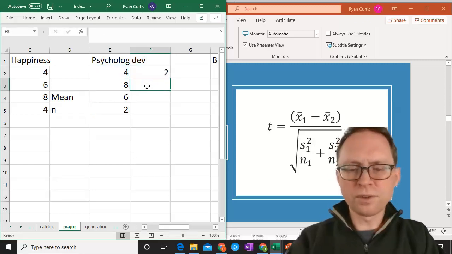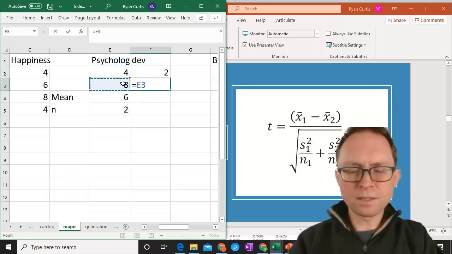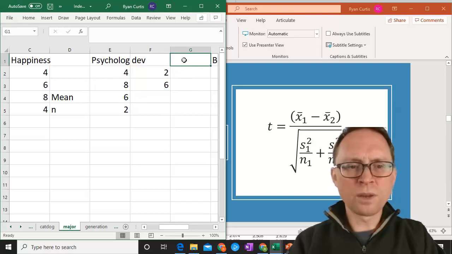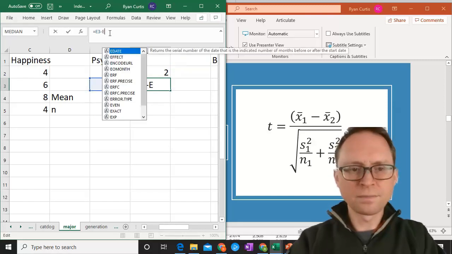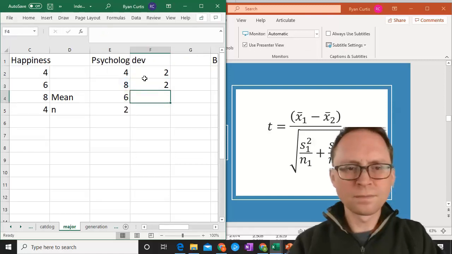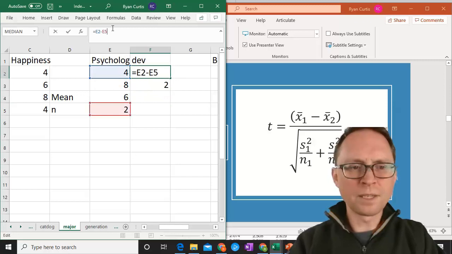And this deviation is going to be x minus x bar right there. Okay? Then we square those. Whoops, that was an x bar. I'm sorry. Yeah, I did it wrong both times.